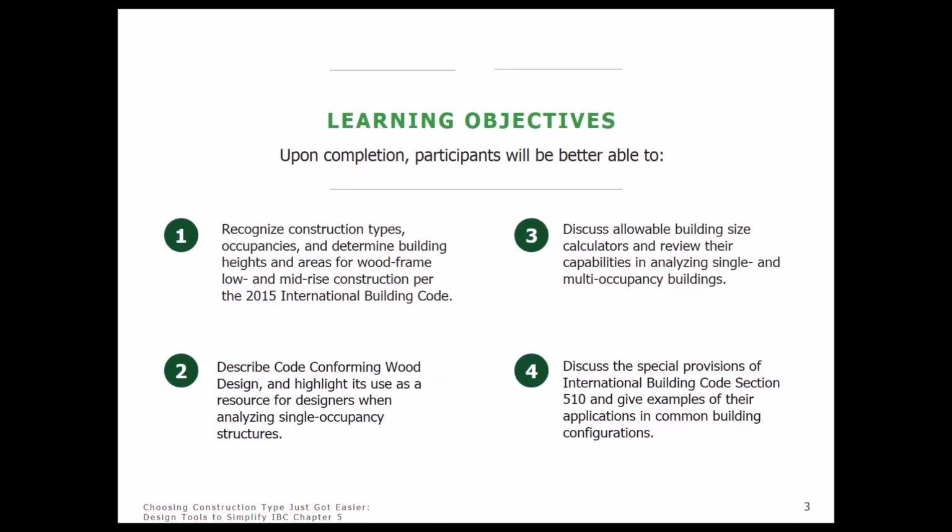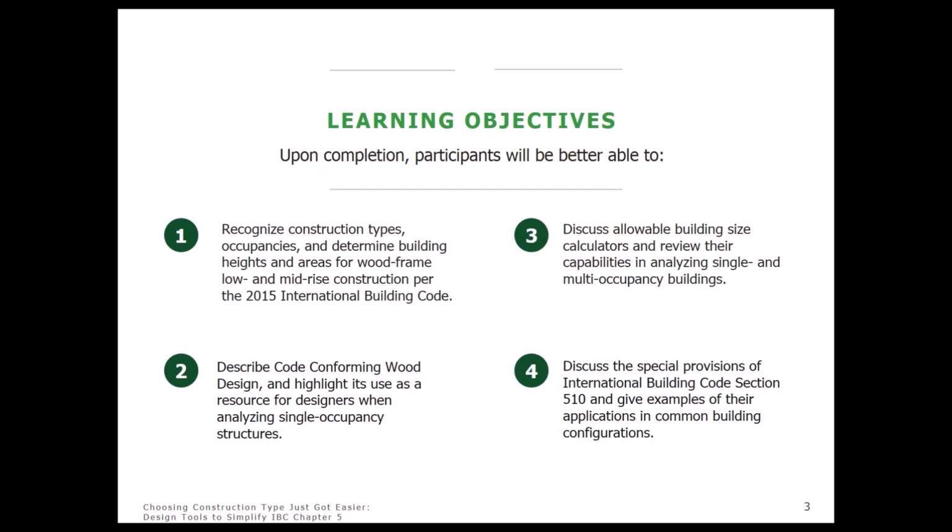We're going to learn to recognize construction types in the tables and so forth so that we can use them more quickly. We're going to look at the code conforming wood design document that we have produced with ICC, which is the first tool that we'll discuss today about determining construction type based on building size in a quick and easy manner.